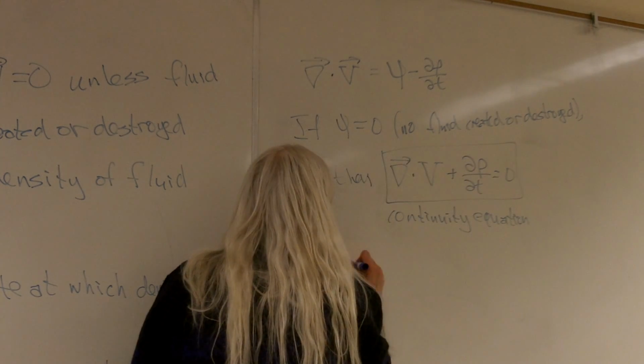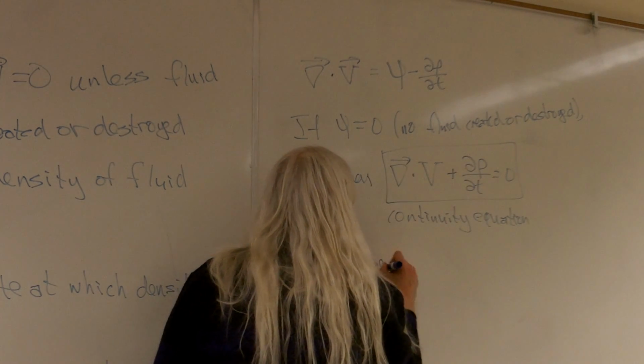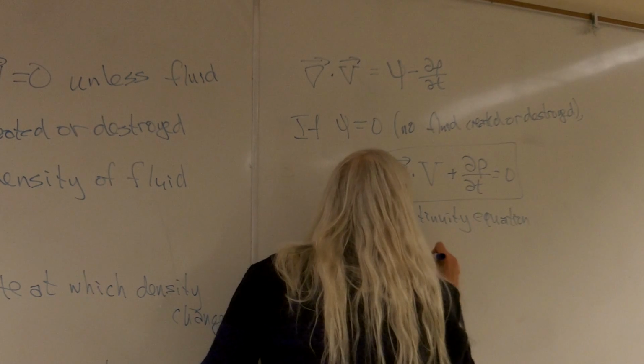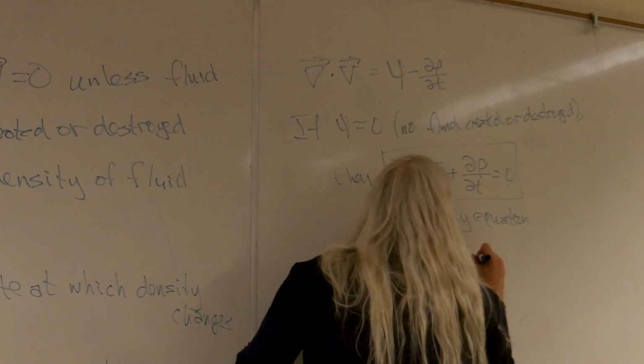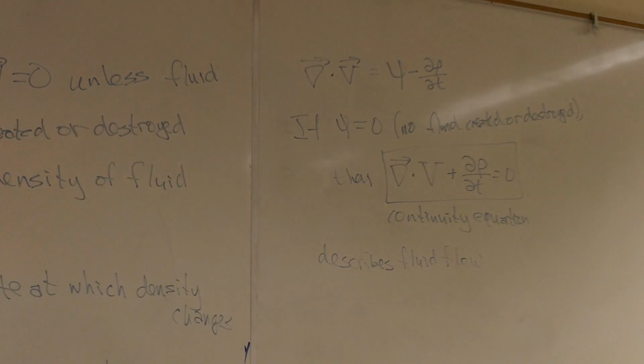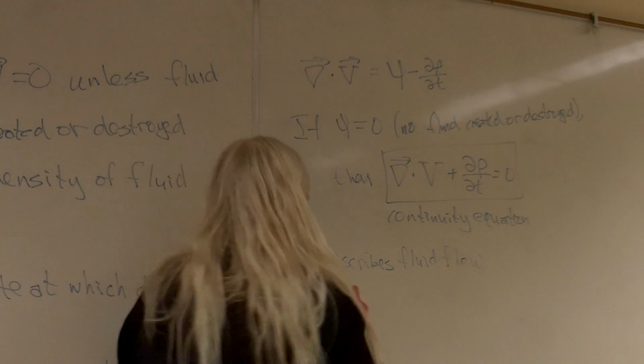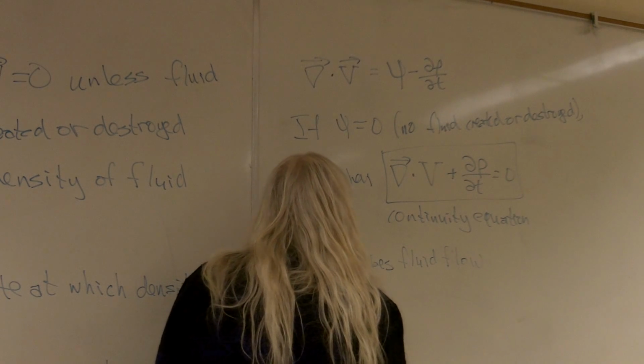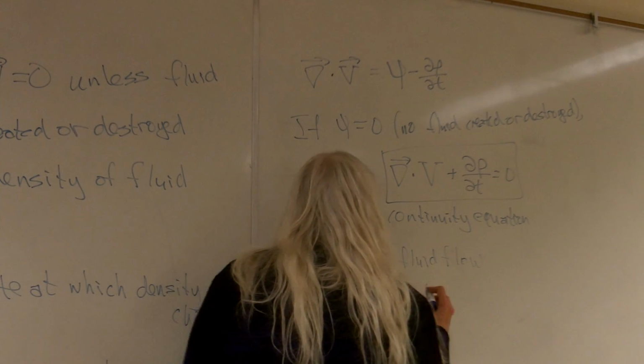And, of course, it describes fluid flow. Because in reality, for fluid flow, we can't just create fluid out of nowhere, right, or destroy it. So if that's what we're physically describing, this term really is 0. But it also describes the flow of current.